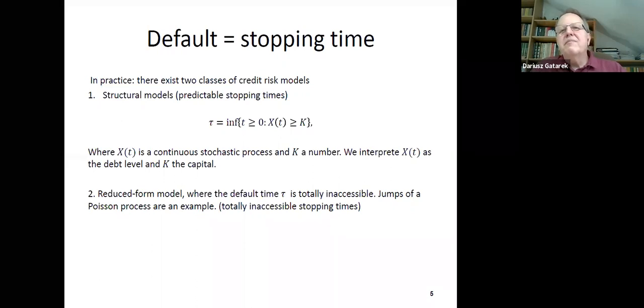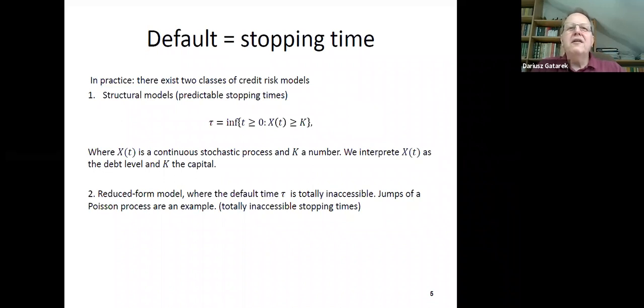So these are a kind of internal default types, those which may be maybe not exactly predicted, but the process of deterioration may be observed.